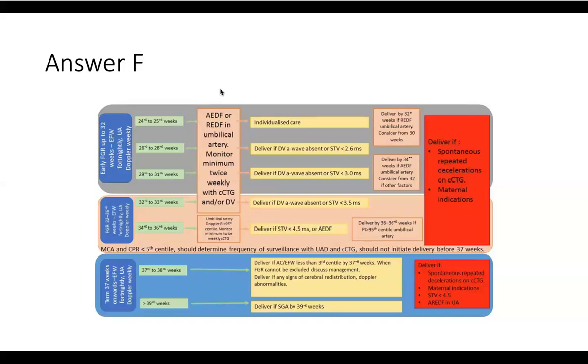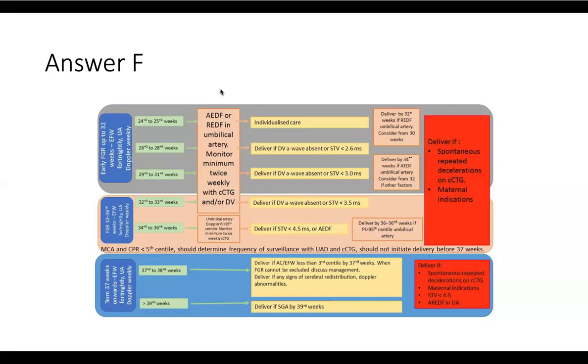And how would I decide for delivery? I will decide for delivery based on the abnormality in the CTG according to the gestational age, or abnormality in the ductus venosus, right? So when the ductus venosus turns abnormal in a case, what will you advise?